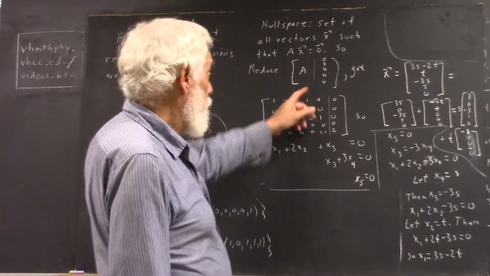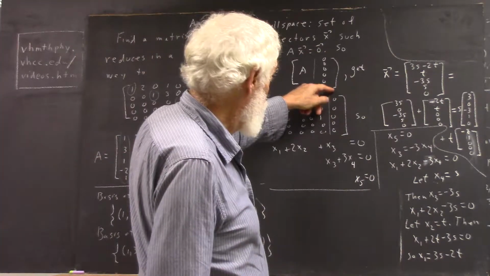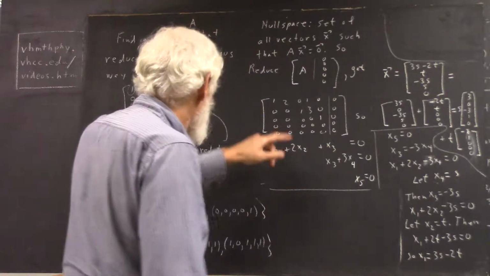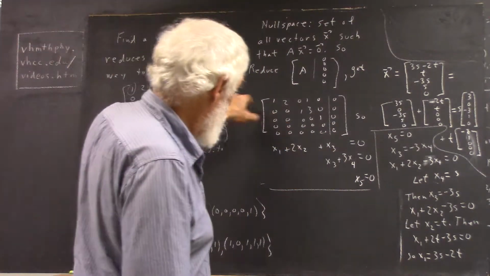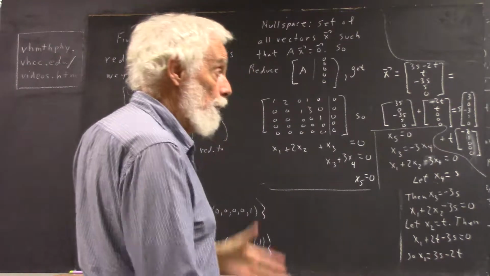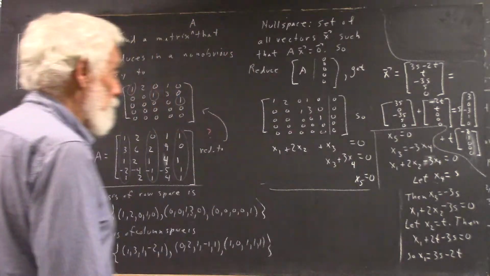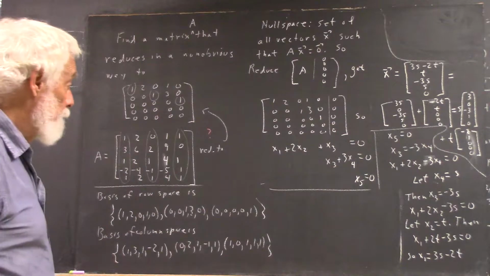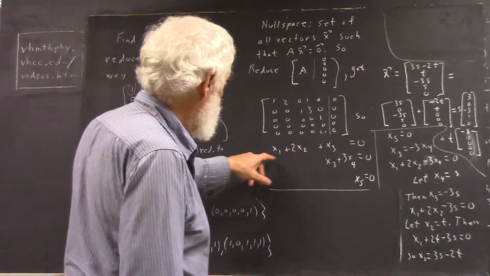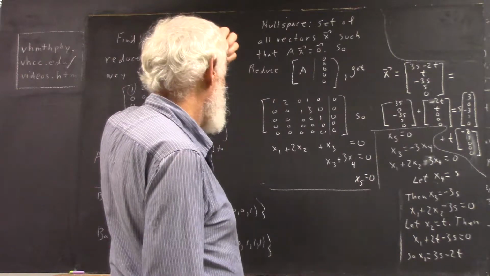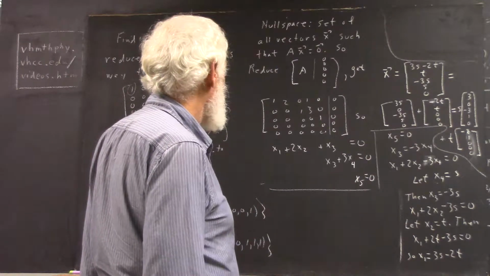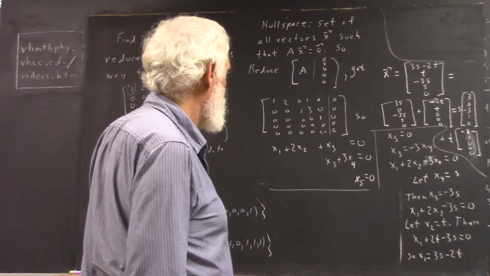In any case, when that's reduced, it's clear that the zeros are still going to be there. So if the reduced matrix is this, then this is what we're going to get when we reduce it. Now, what does that tell us? Well, we translate that into a system of equations, x1 plus 2x2 plus, something wrong there.